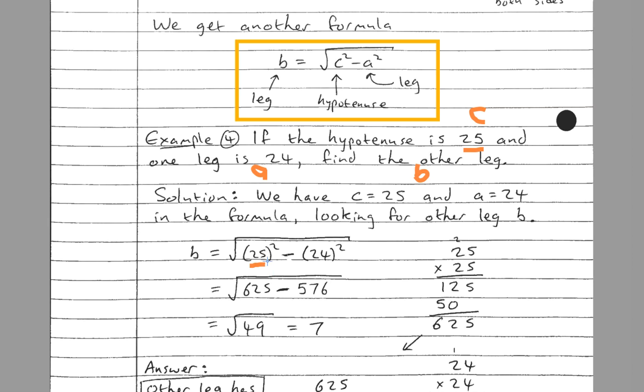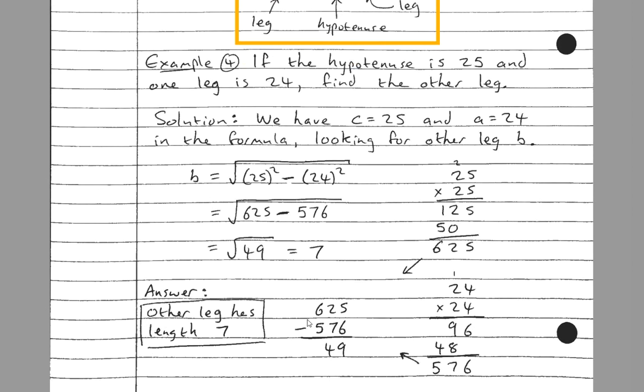Okay, so c squared, that's 25 squared, minus a squared, 24 squared. 25 squared is 625. 24 squared is 576. Subtract. All right, some big numbers. So inside we're getting 49.